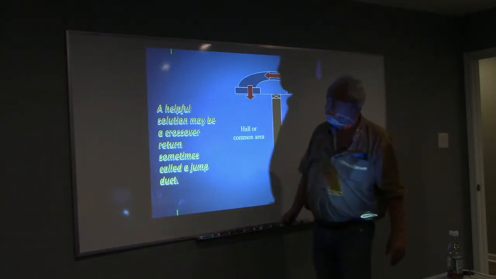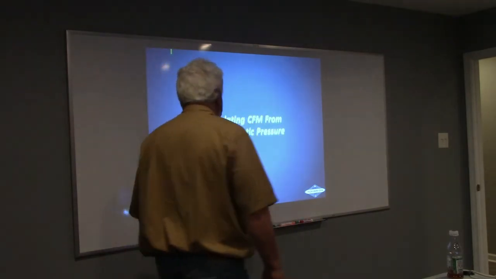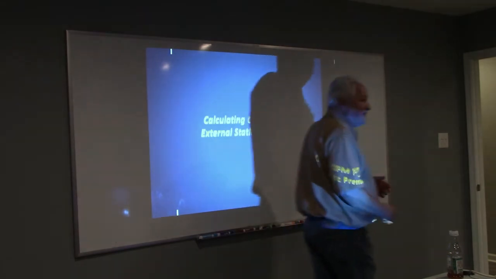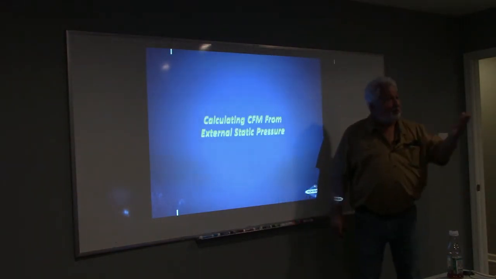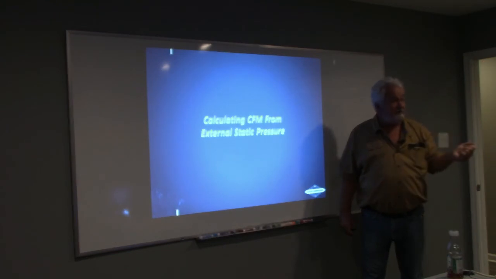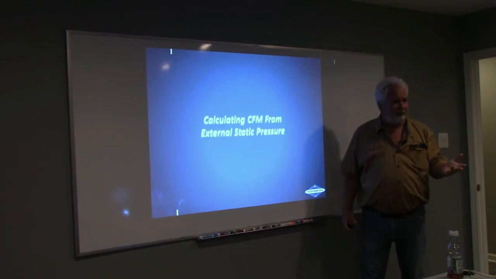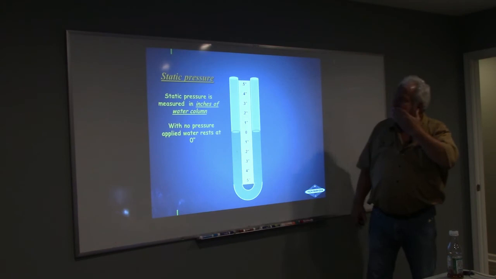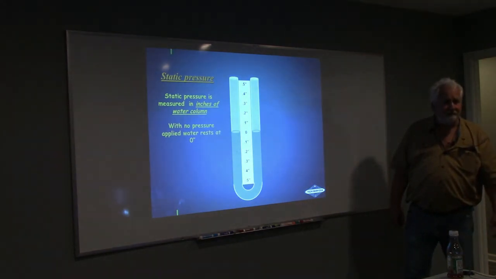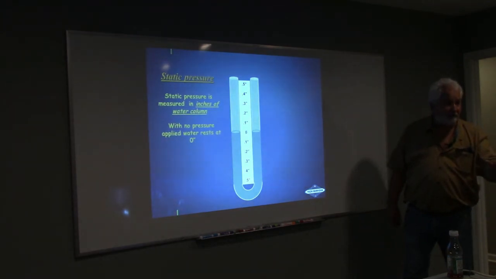Okay? All right, so now, Jody, let's calculate CFM from external static pressure. We know that if the static pressure goes up, then the CFM is going to go down. So let's actually measure that. Fair enough? Good. So this is a U-tube. I know, us old guys invented YouTube long before you guys ever thought about YouTube.